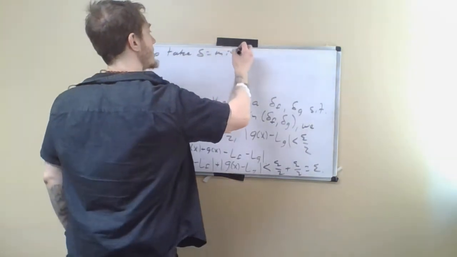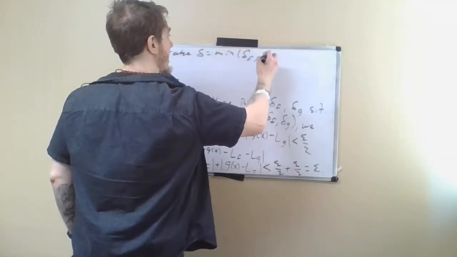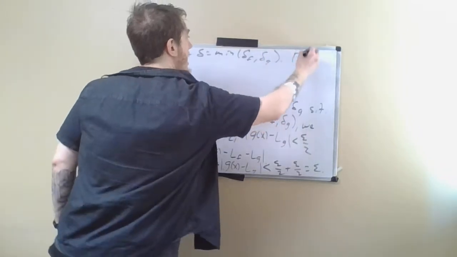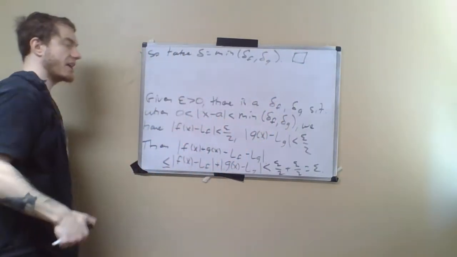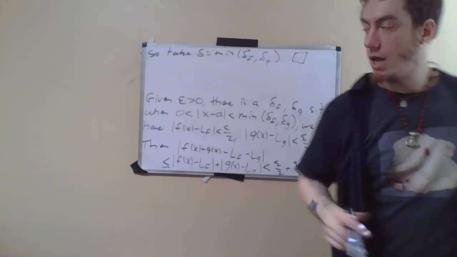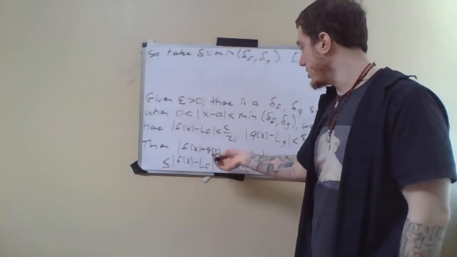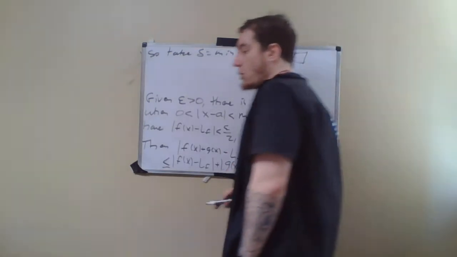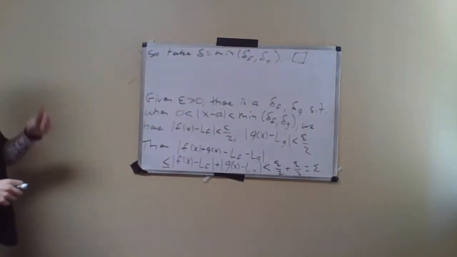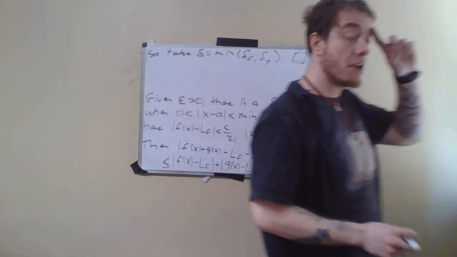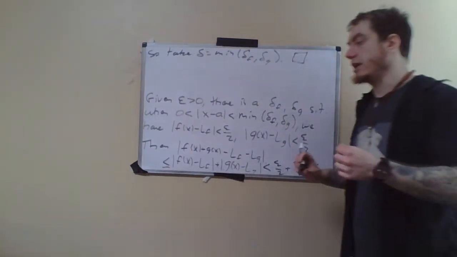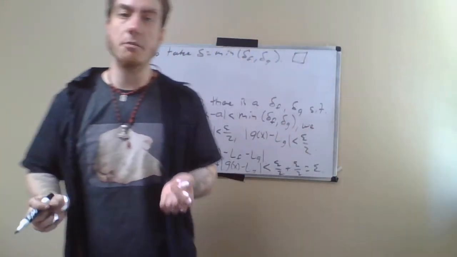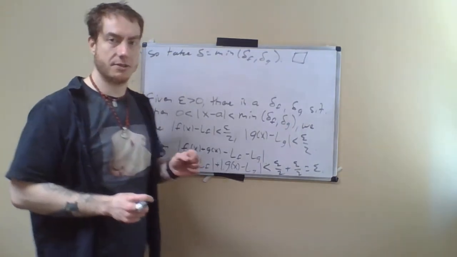We take delta to be the minimum of the given delta F and delta G, and then that is a delta that works for this epsilon, because here we have f plus g minus LF plus LG. So we have now established that if you add two functions and their limits exist separately, then the limit of their sum exists and it's just the sum of the limits.